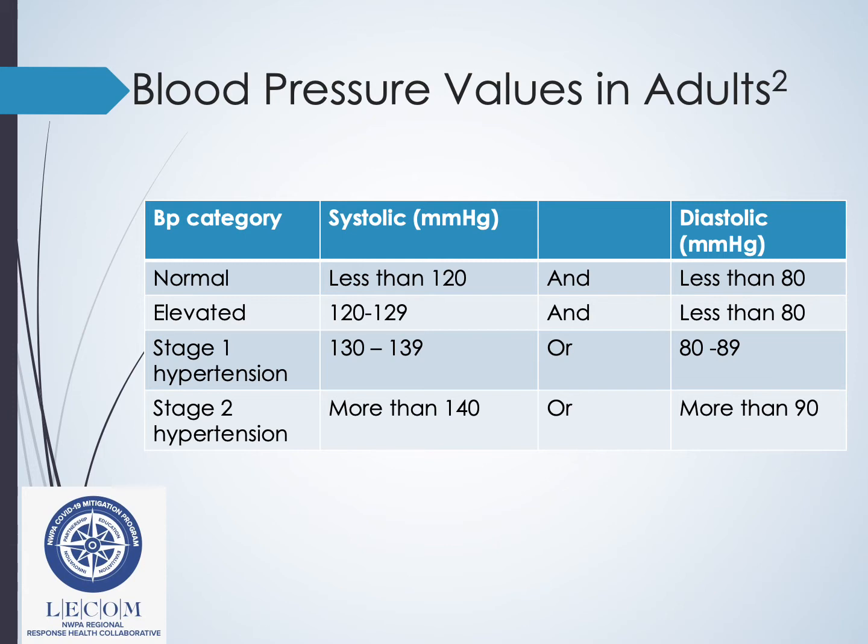Also, if the diastolic blood pressure increases to 80 and slightly above, then we classify the patient as having stage 1 hypertension. On the other hand, if the systolic blood pressure increases to 130 and slightly above, we also classify the patient as having stage 1 hypertension.